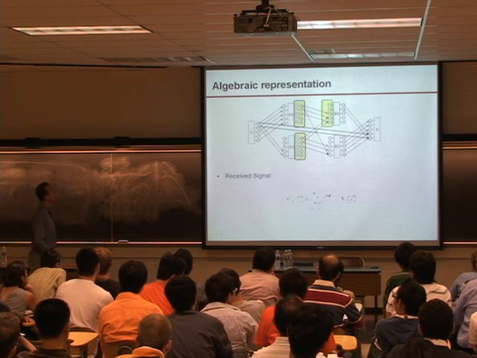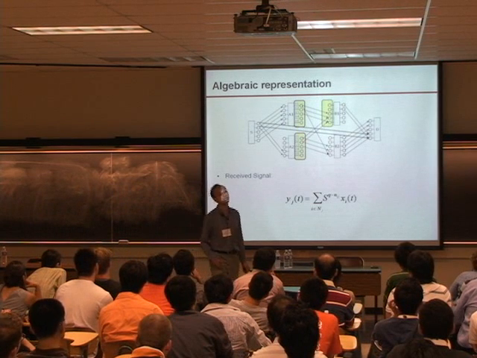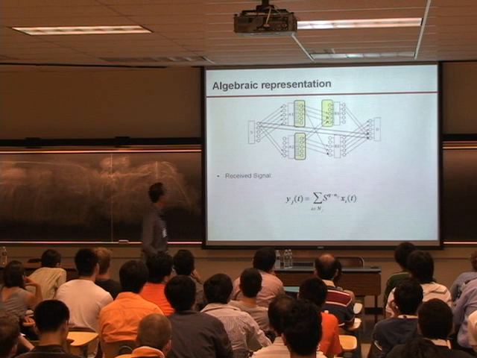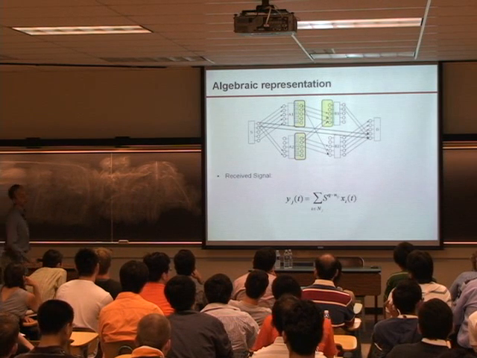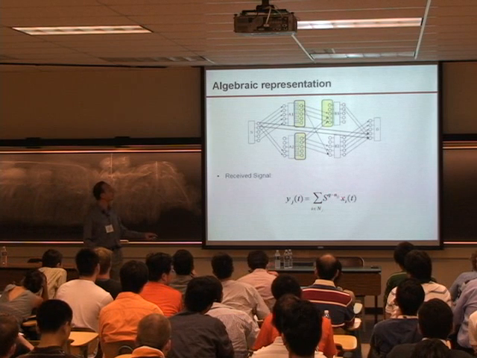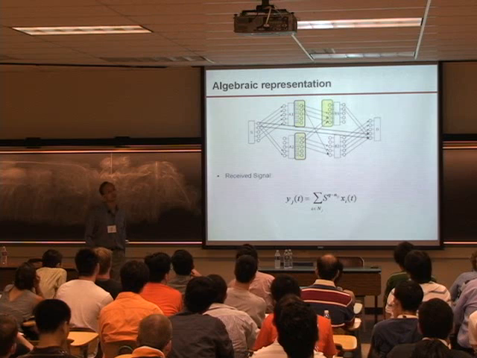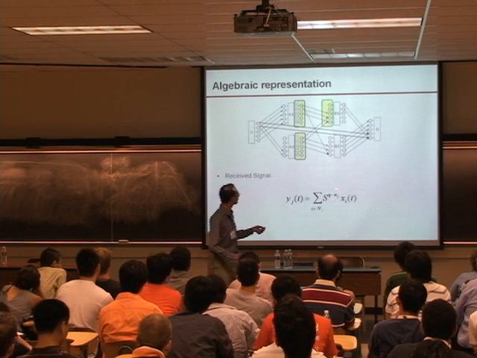Algebraically, in general, the receive signal at a particular time t, at a particular node j, is the sum over all the nodes that can reach that receiver of the shift of x_i(t), where the shift is equal to q, the total number of bits, minus the number of bits that you can see.